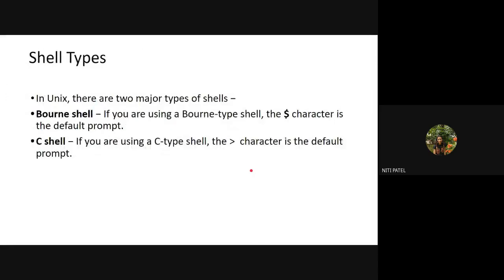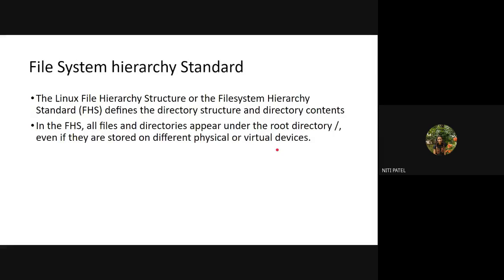Now we have seen different types of shell. In Unix, it is Bourne shell, which is again $, but in Linux, we have changed the name from Bourne to Bourne again, or bash. Then in Unix, we also have a C-type shell, which is identified by this arrow key. But in Linux, as I said, we use only $, and for root, we make use of hash.